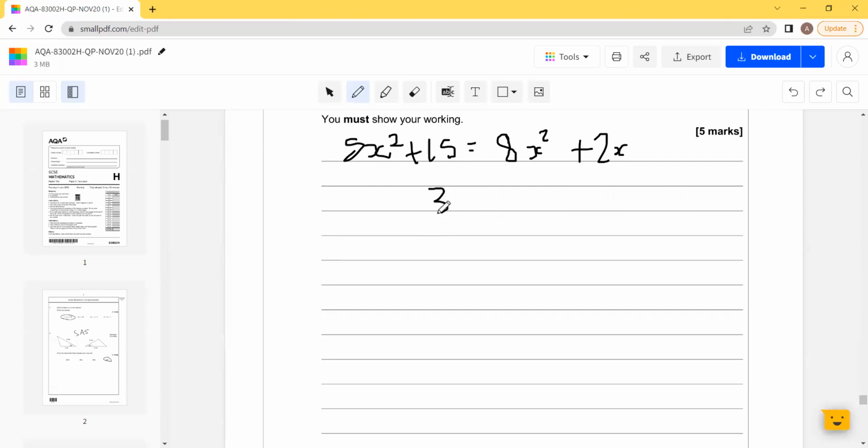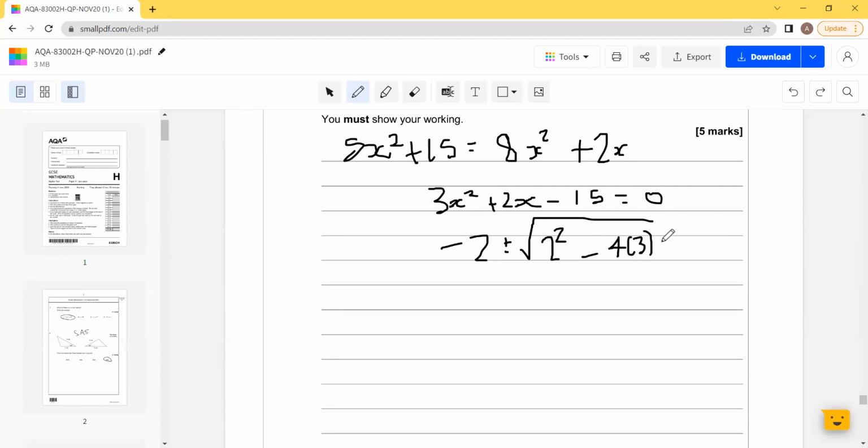So we have 3x squared plus 2x minus 15 equals 0. So minus b is minus 2 plus or minus the square root of 2 squared, which is b squared, minus 4 times 3 times minus 15, all over 2a, where a is 3, so over 6.